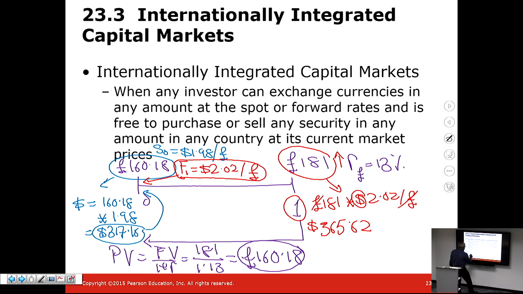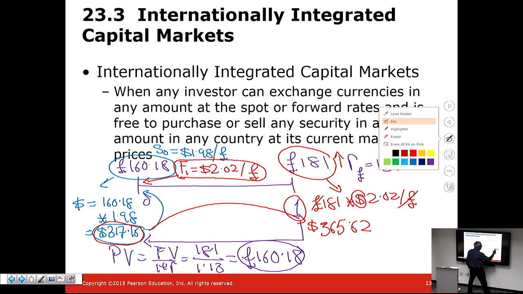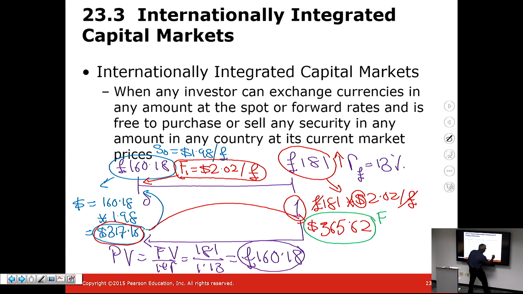So for this 317.16 to have a future value of 365.62, what would be the discount rate? What will be the I/Y? I enter 365.62 as my future value, 317.16 as my present value, and N is equal to 1.